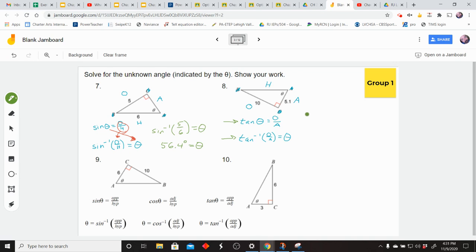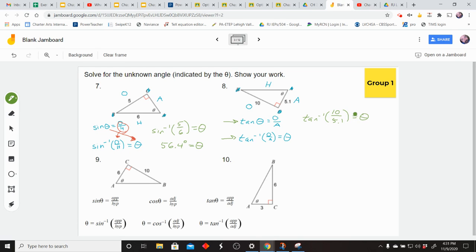So what I want my calculator to give me is inverse tangent of O over A. So O is 10, A is 5.1, and this will be equal to theta.